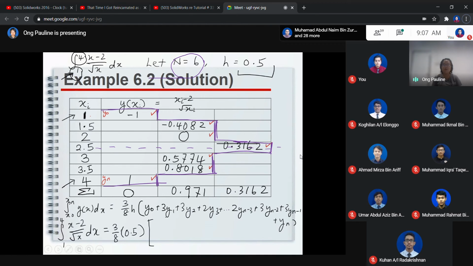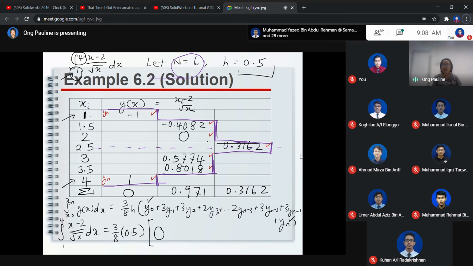According to the equations here, I have y0 tambah dengan yn. We already sum up in the first column, which is 0. Y0 tambah yn, kita dah buat di sini, which is 0.